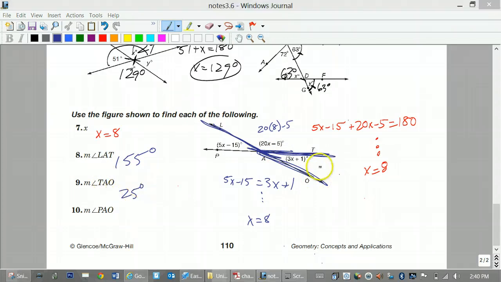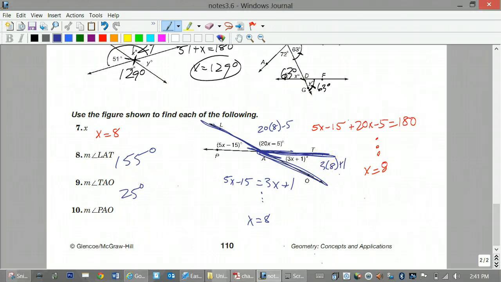Or you could sub in 8 and get 25. In addition, to get PAO, that's vertical to LAT, so it's 155. Two ways to do it. Both are correct. However, you can't do it the first way if this is not there.